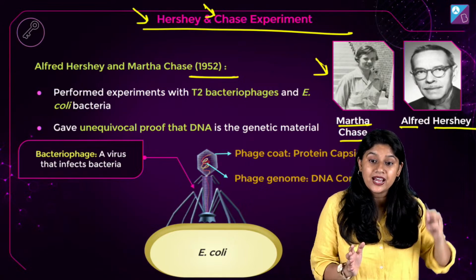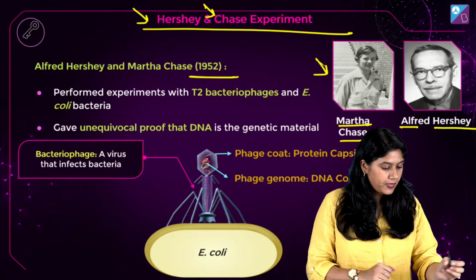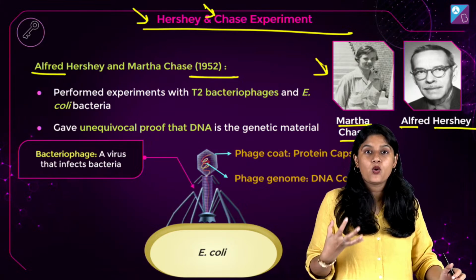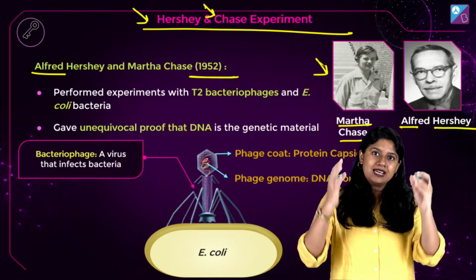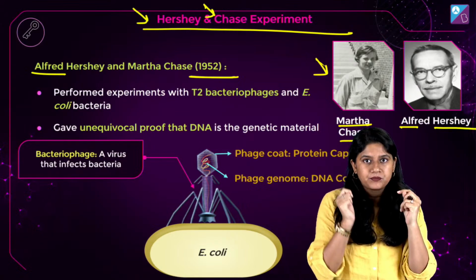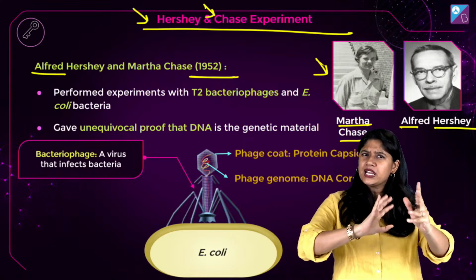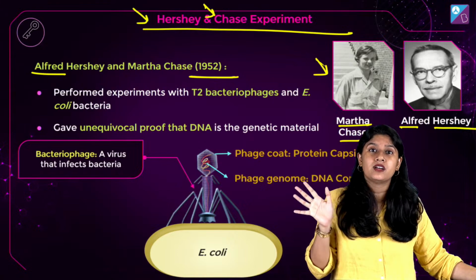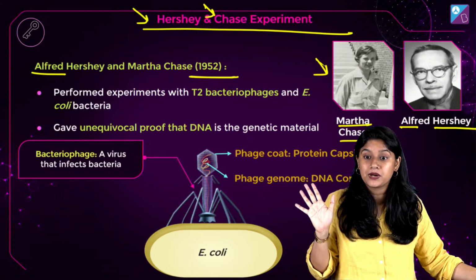So let's understand what they did. These two scientists were working, right, and they were planning to at least prove that DNA is a genetic material, right? They have a hint कि हाँ बाकी लोगों ने support किया, but they really want to make sure that this is the genetic material.